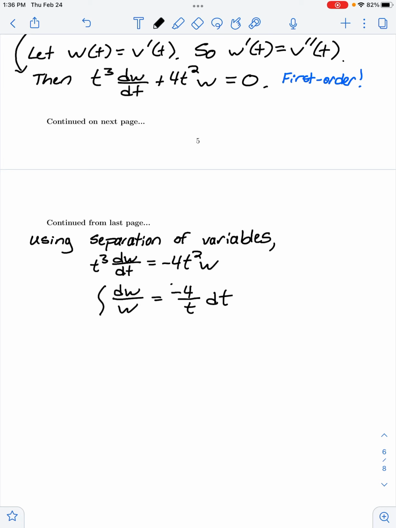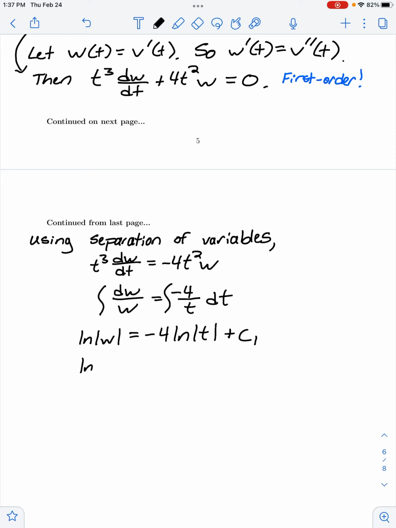And so integrating on both sides, we have the natural log of w is equal to negative 4 times the natural log of t plus some constant. Let me call it c1.